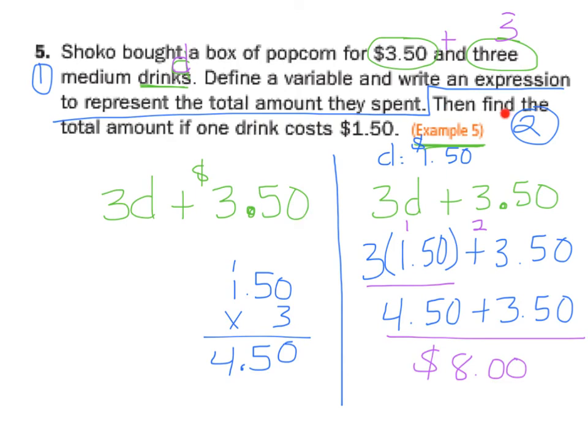So in the second part now they said find the amount if a drink cost $1.50. So it would be D is equal to $1.50. So I rewrote my expression, and now I replace the variable: 3 times $1.50 plus $3.50. So using my order of operations, I know I'm going to do the multiplication first, then the addition. So $1.50 times 3, I did my chicken scratch here, is $4.50, and then I add to it the $3.50, and that gives us $8. So she spent $8.